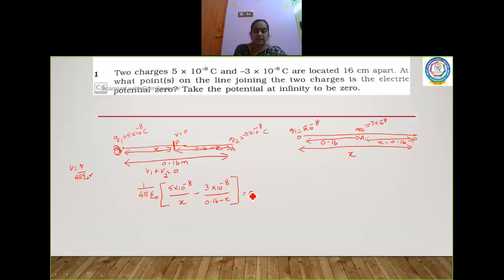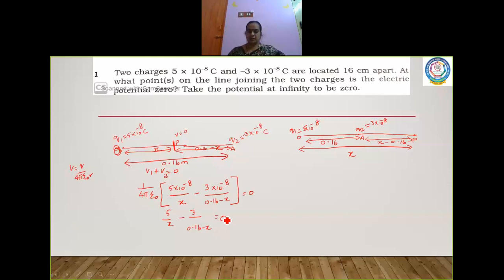Now here I can take 10 power minus 8 also common. When I take it out and take 10 power minus 8 divided by 4 pi epsilon naught to the other side, it becomes 0. So for simplification, I have 5 by x minus 3 by 0.16 minus x is equal to 0.